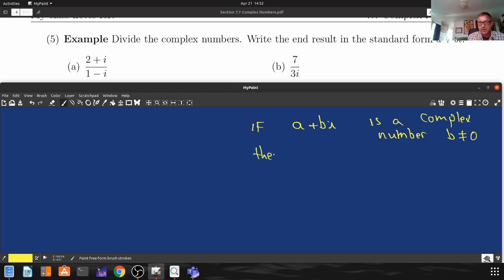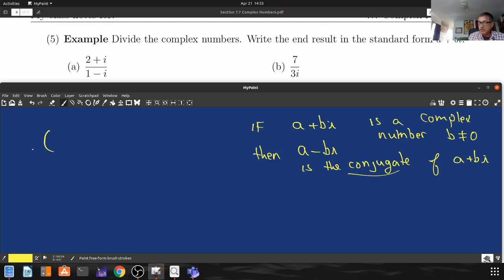Then a minus bi is the conjugate of a plus bi. So let's see what happens when we multiply conjugates.